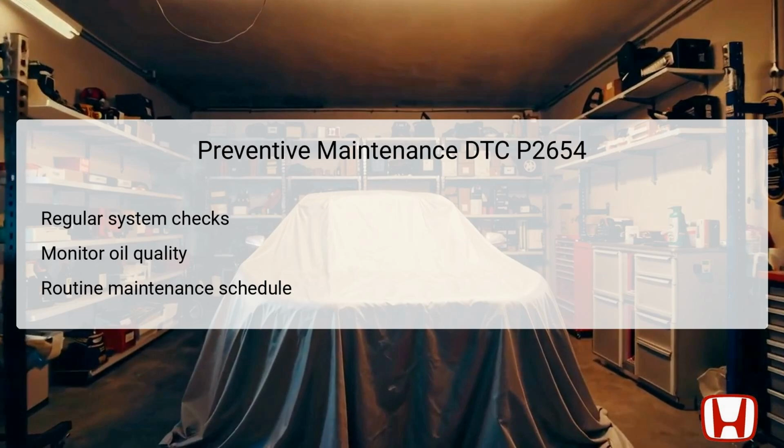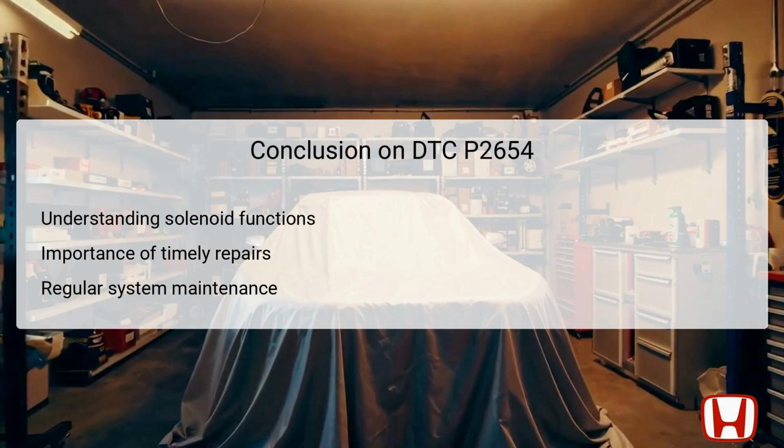In conclusion, understanding the function of the rocker arm oil control solenoid is crucial for diagnosing and addressing DTC P2654. Recognizing that this component is key to maintaining optimal engine performance and emissions control underscores the importance of timely repairs.